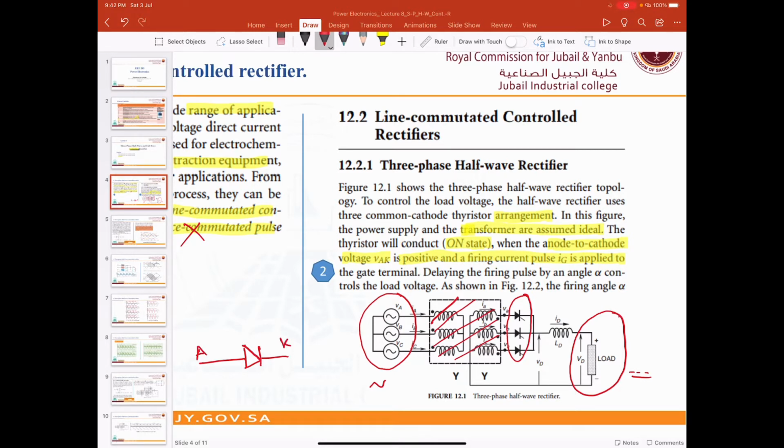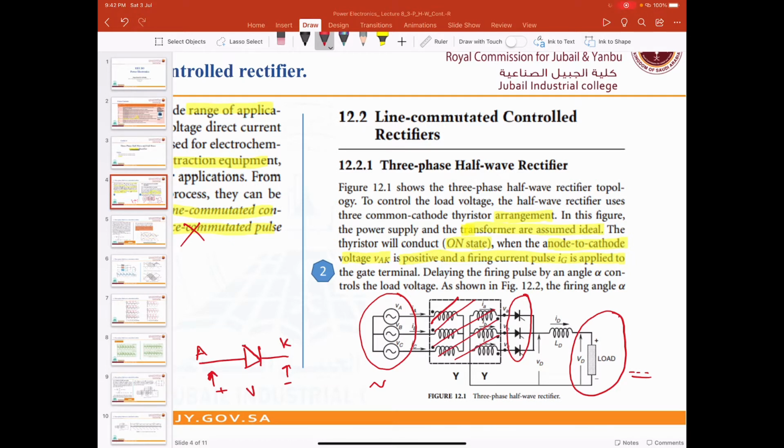If you have a voltage applied here, positive to the anode and negative to the cathode, we explained that we will have a forward bias diode, right? You remember, forward bias, and then the diode will conduct.